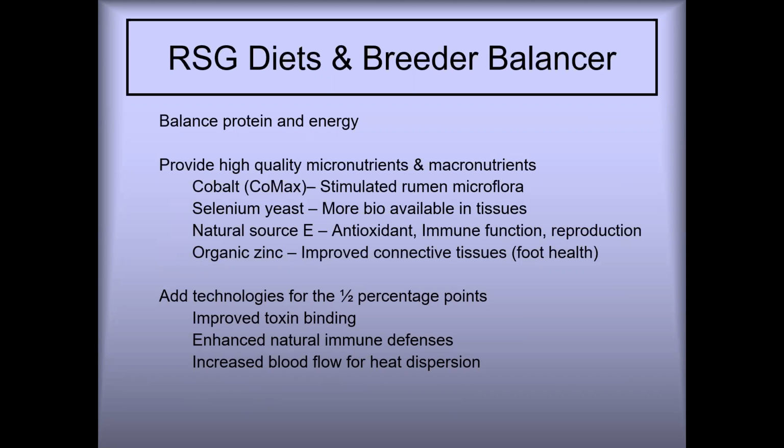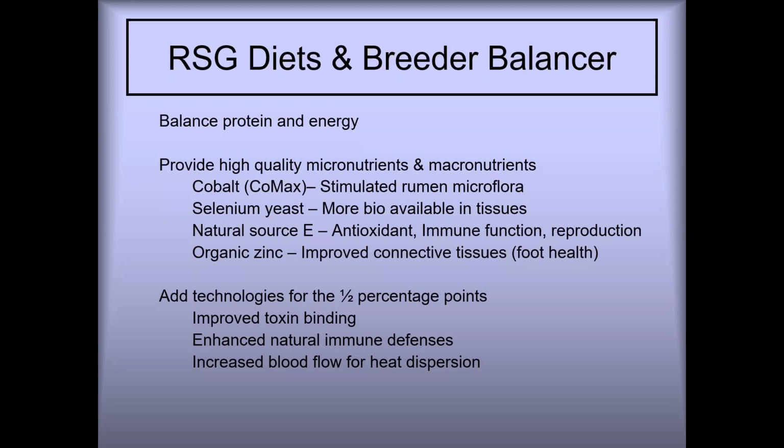You won't learn a whole lot from your feed tags. Feed tags are only going to tell you if it's balanced to whatever the minimum or maximum levels are, but it really doesn't tell you whether that product is balanced with organic or inorganic zinc. Inorganic is not anywhere close to the quality of organic.